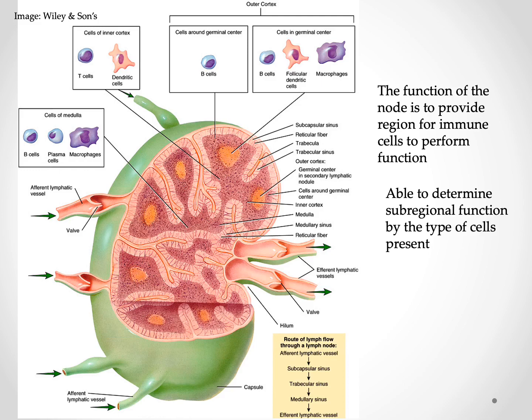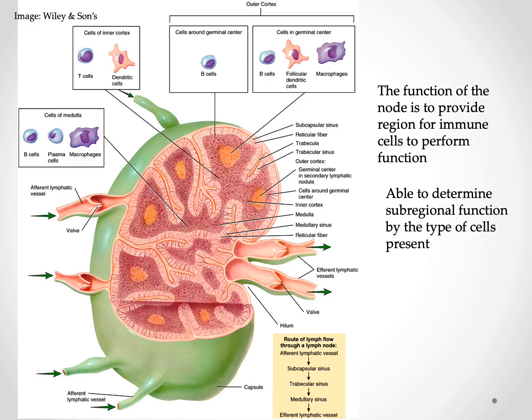These areas within the cortical areas will be found within what's referred to as the germinal center. The germinal centers and trabecular centers in the cortex is where we're going to have our active macrophagic activity taking place. As we move towards the medullary part, we start getting into what's referred to as the inner cortex.